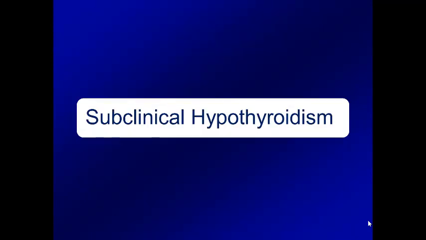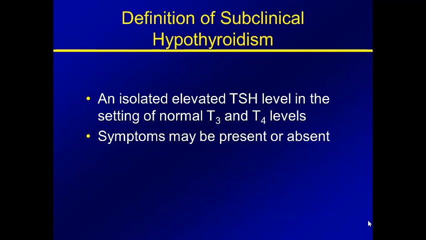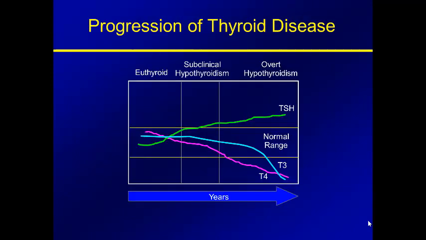What about another type of hypothyroidism that is associated with vague symptoms or sometimes no symptoms, called subclinical hypothyroidism? This type of hypothyroidism is defined as an isolated elevation of TSH in the setting of normal T3 and T4 levels. Symptoms may be present or absent.